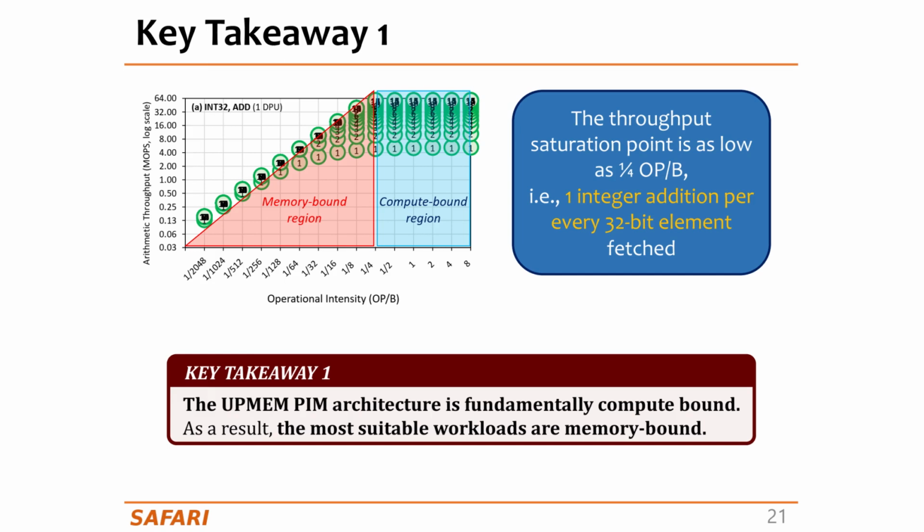But interestingly, the throughput saturation point, that is the transition between the two regions, happens at a very low operational intensity. For example, this is for 32-bit integer addition, and here we notice that with just one integer addition per every 32-bit element, we are in the compute-bound region.